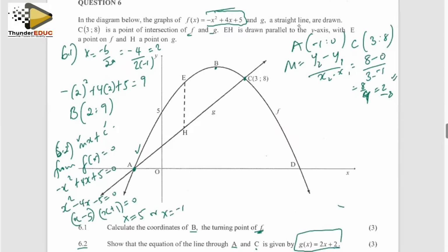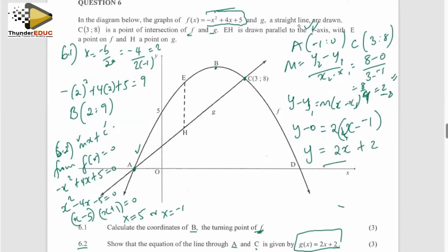I can use point A again and say y minus y1 is equal to m into x minus x1. If I use -1 and 0, that's going to be y minus 0 is equal to 2 into x minus -1. So y is going to be 2x plus 2.